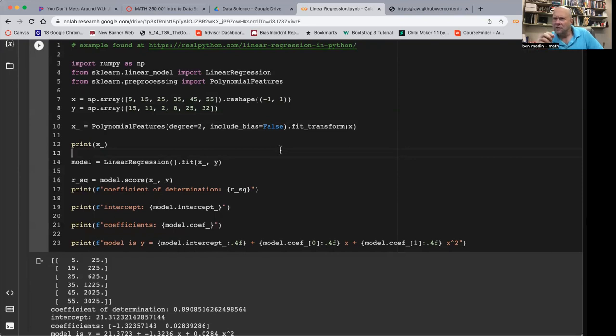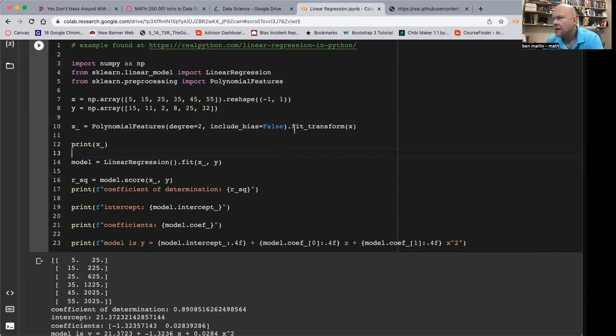If you don't include the intercept, it will push the intercept over to the coefficients matrix. Okay, so we'll see what's going on with it in a second. But you probably want to go ahead and put include bias equals false for what you do as well.